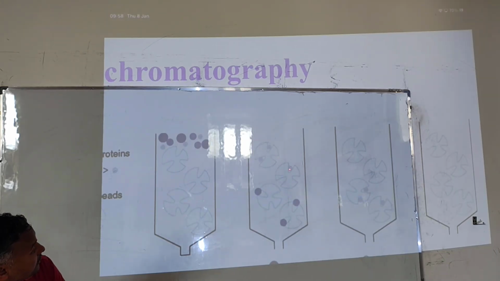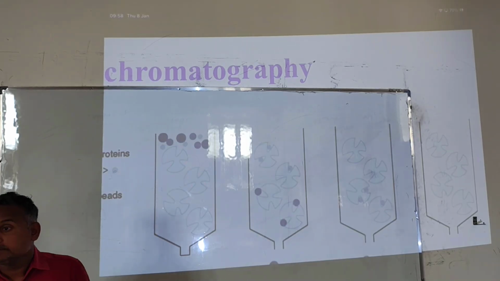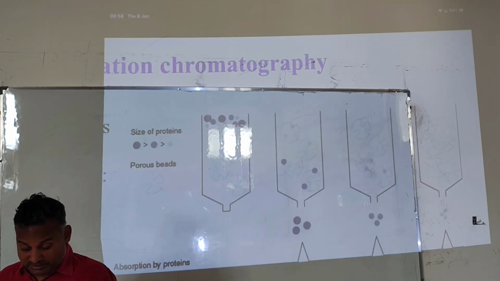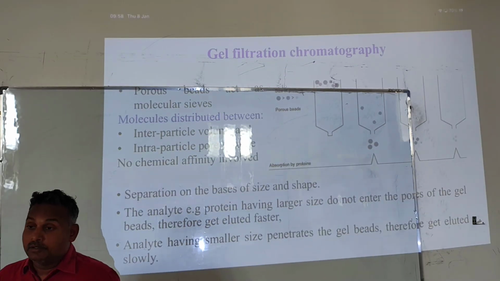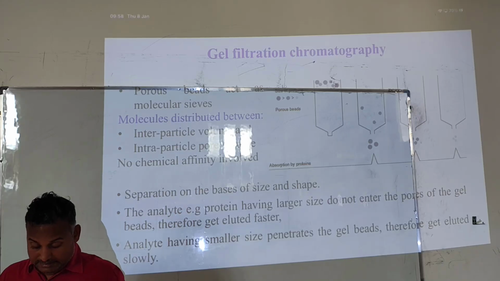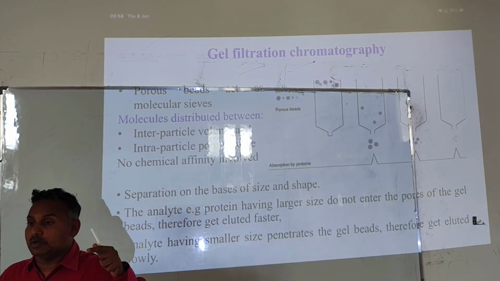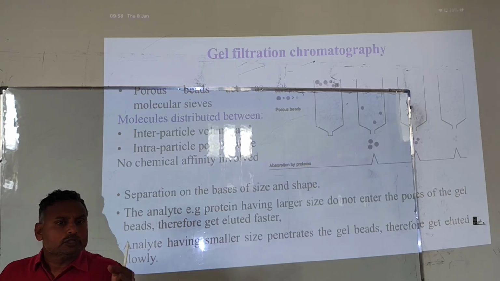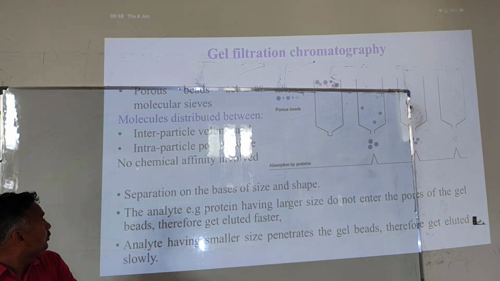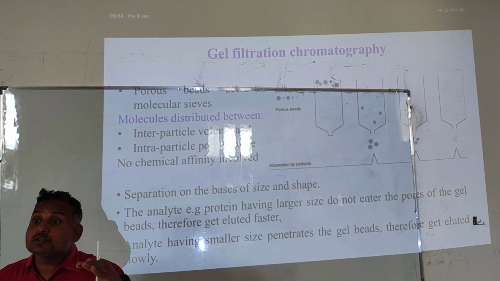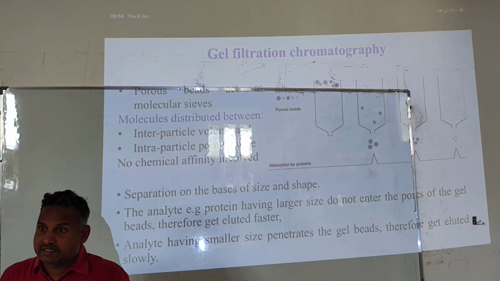You can see here, this part, this volume. That is the difference between interparticle volume and intraparticle pore volume. Usually the smaller molecules will distribute more. Of course, I am going to explain the distribution constant in the later slides.